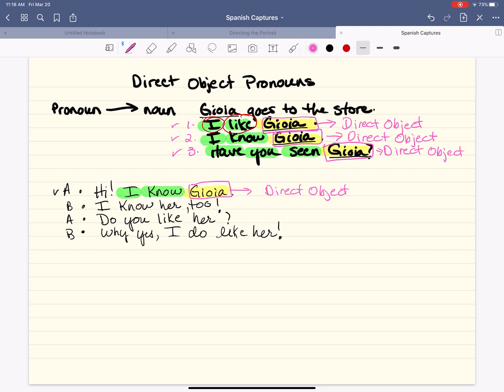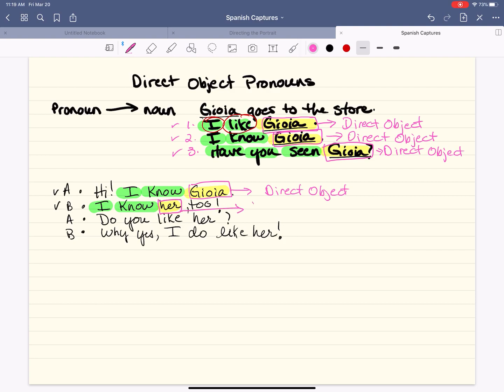Let's go to the next sentence. Person B, right here. I know her too. Okay, great. So, subject is I. I am knowing, right? That's my verb. Who am I knowing? Her. Her is in English a direct object pronoun.